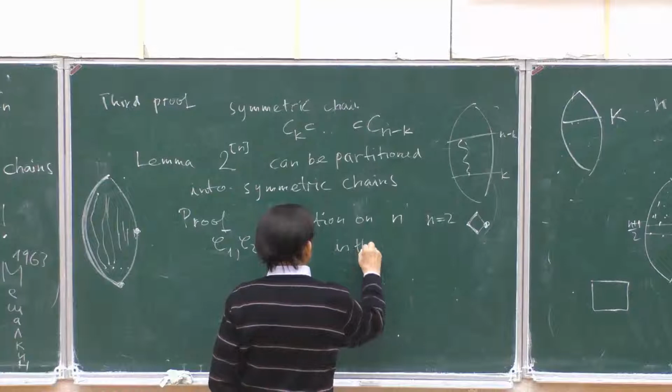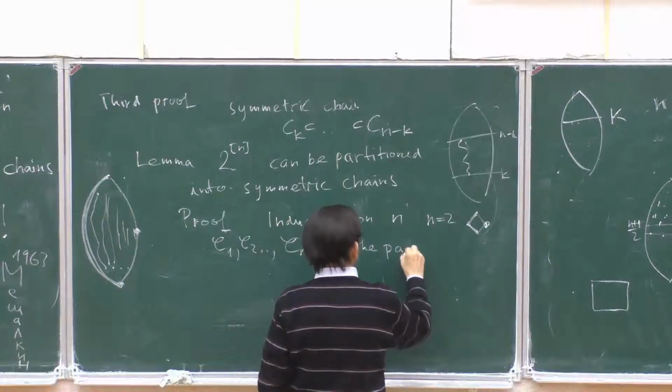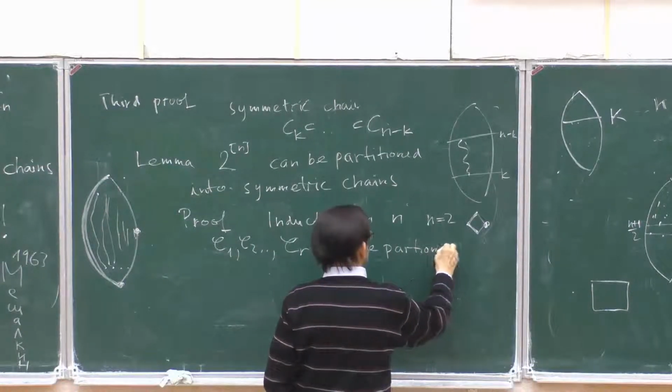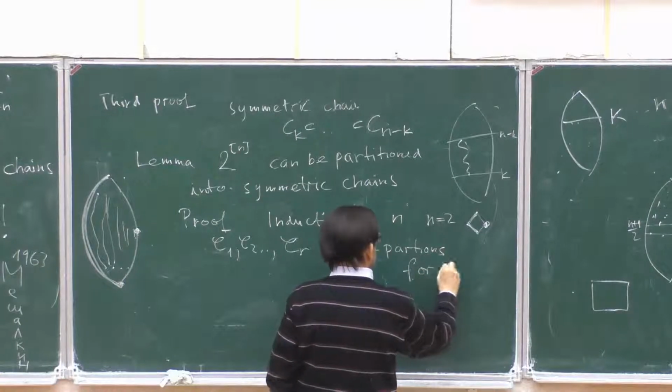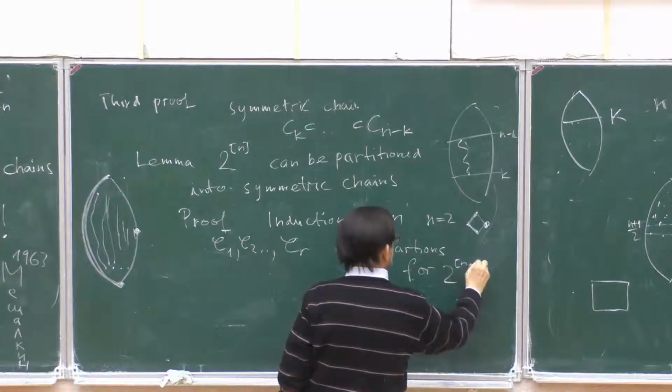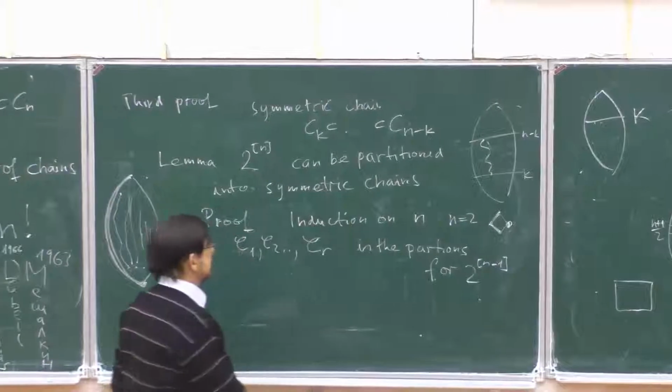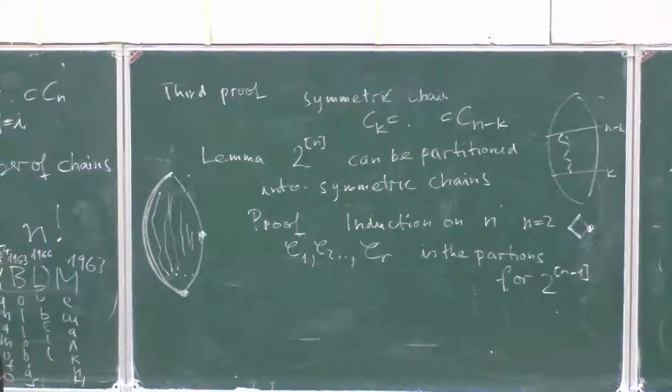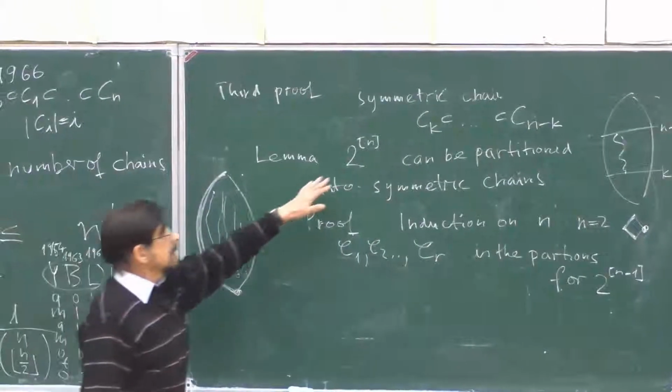Suppose this is the partition for 2 to the n minus 1, and we construct the partition for 2 to the n.